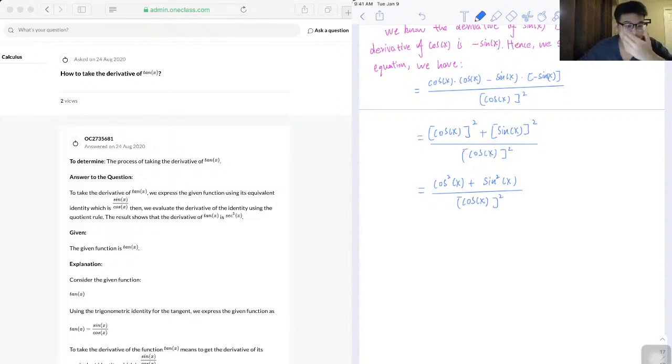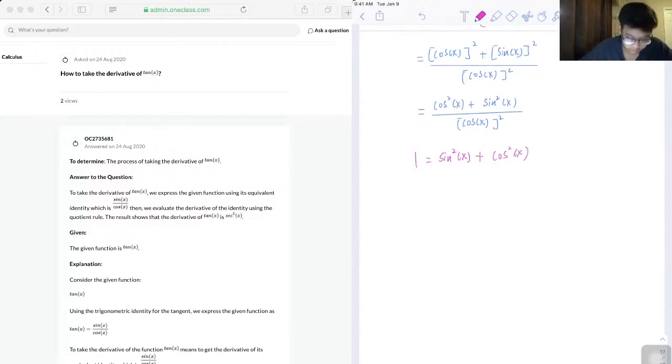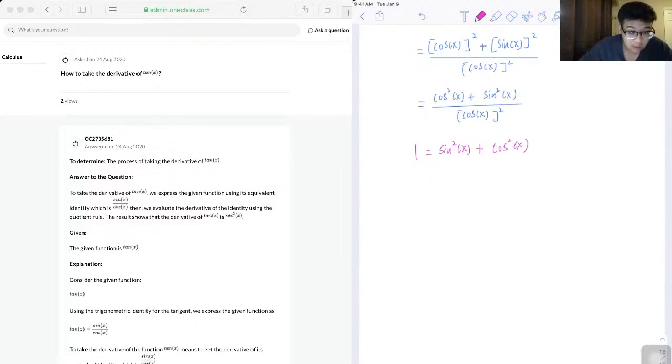Recalling that we can substitute in the Pythagorean identity, which is given by 1 equals sine x squared plus cosine x squared, and the identity of secant, which is 1 over cosine x equals secant x.